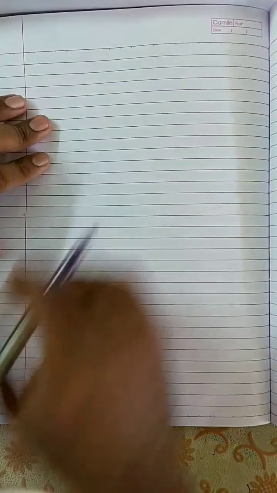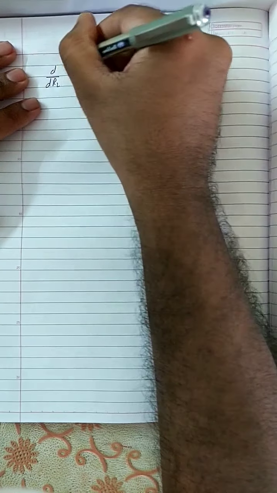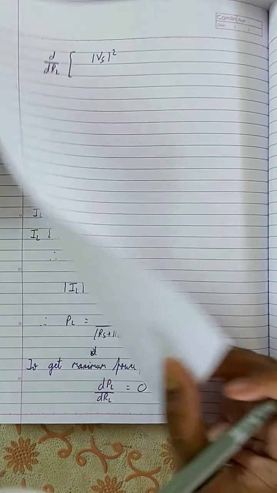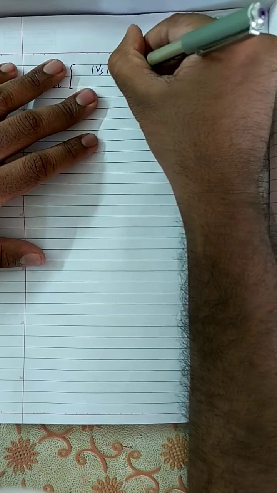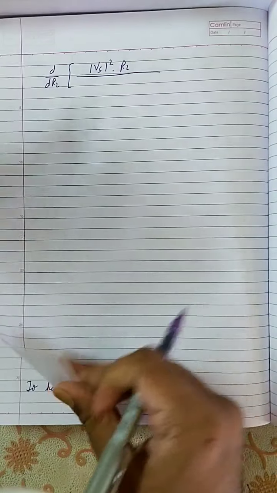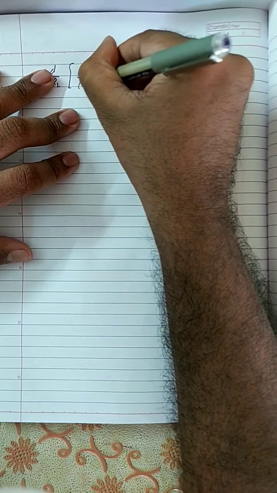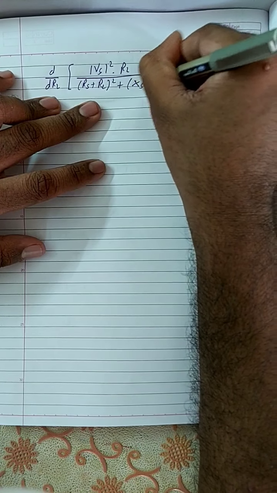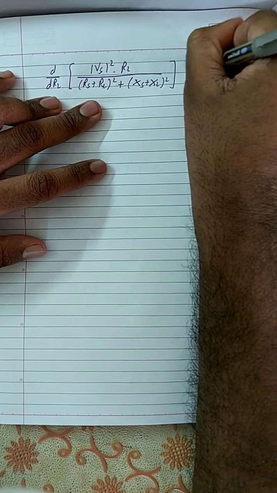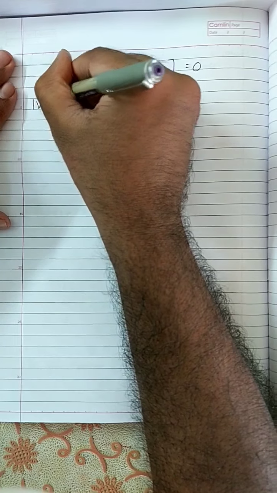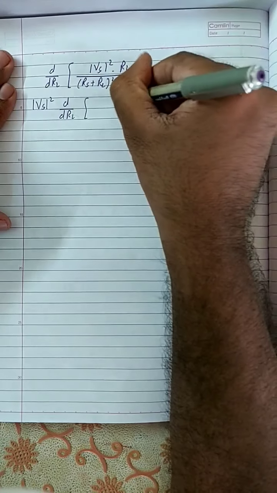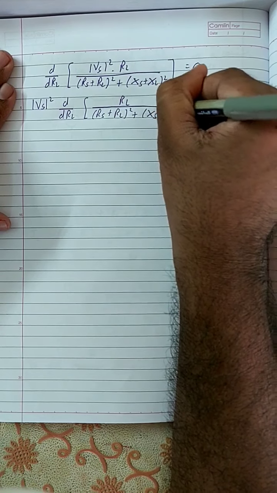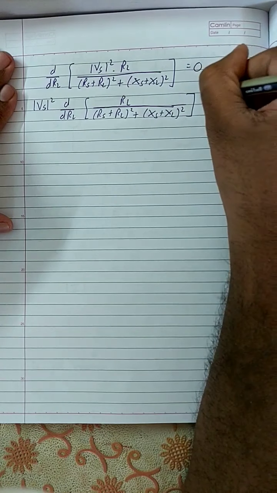Okay, or in other words, differentiation with respect to RL of magnitude of Vs the whole square into RL by (Rs plus RL) the whole square plus (XS plus XL) the whole square is equal to 0, and this Vs square is constant, so I can take it outside: into differentiation with respect to RL of RL by (Rs plus RL) the whole square plus (XS plus XL) the whole square is equal to 0.